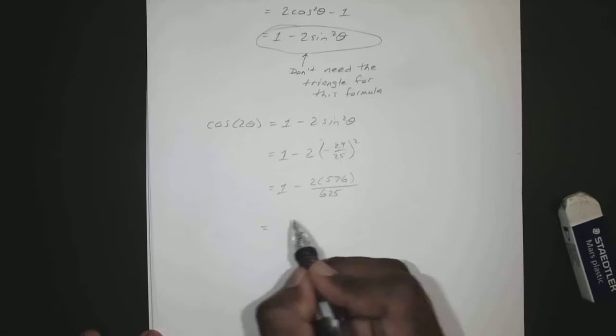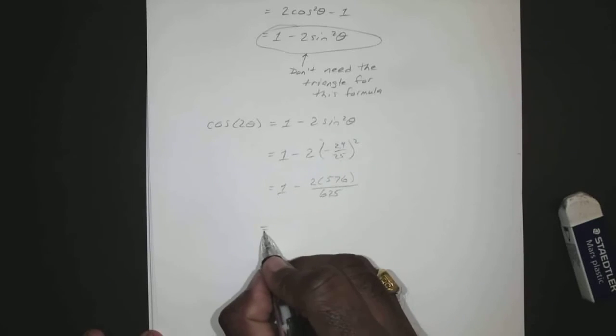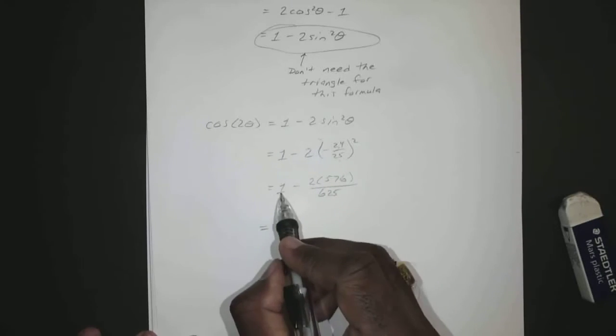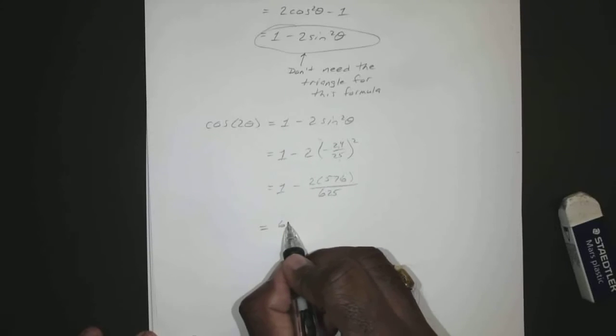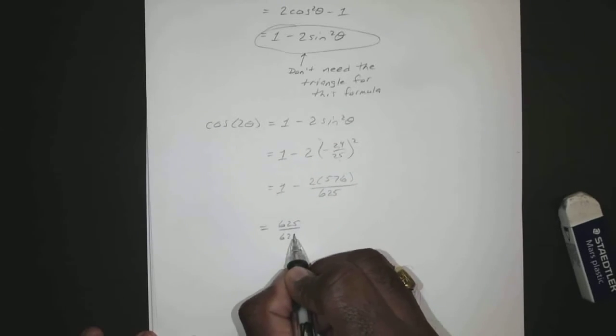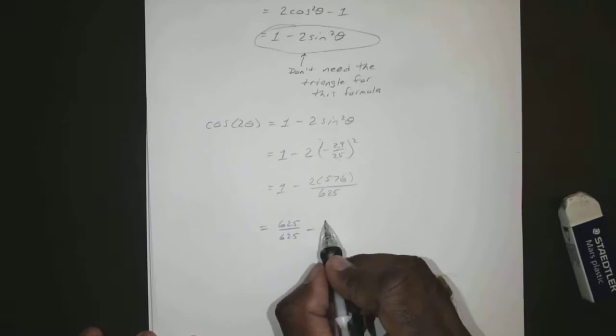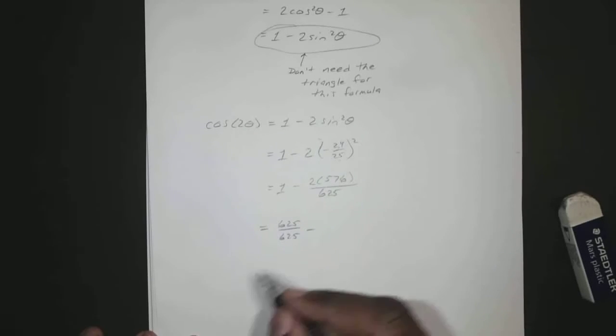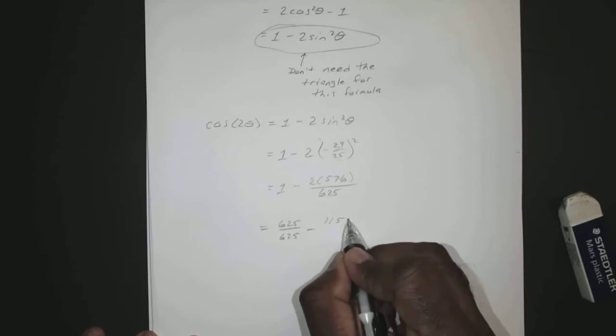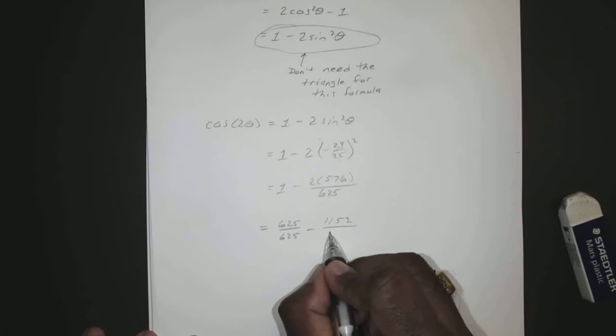Okay. So if we combine our terms, you can make this 625 over 625 minus 2 times 576, which is 1,152, over 625.